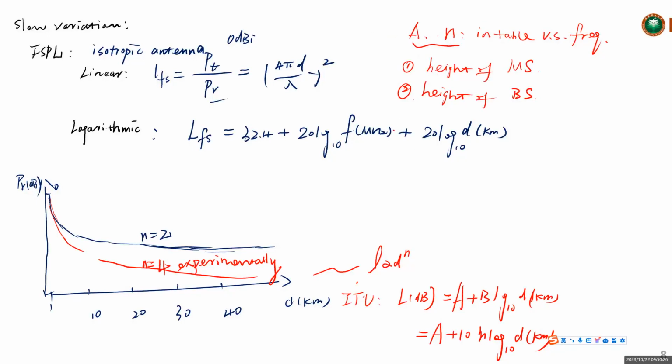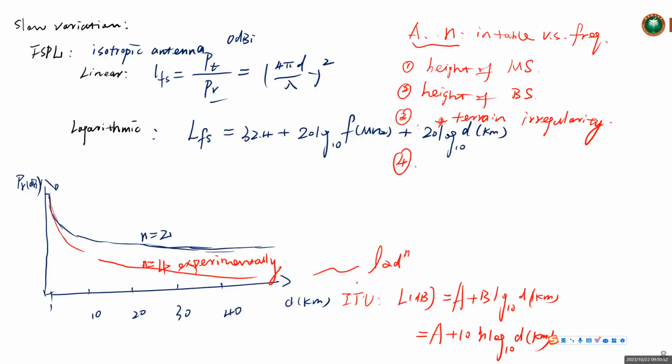And the third parameter is the terrain irregularity, for example, the roughness or the undulation, as we previously demonstrated, all right?